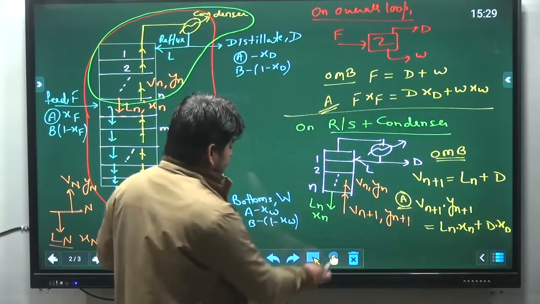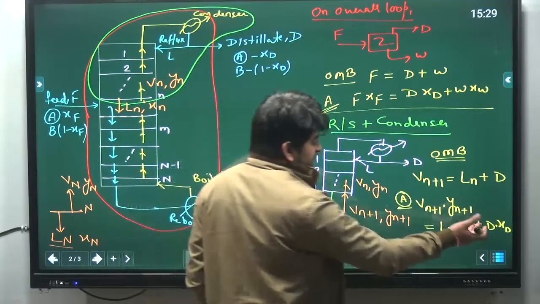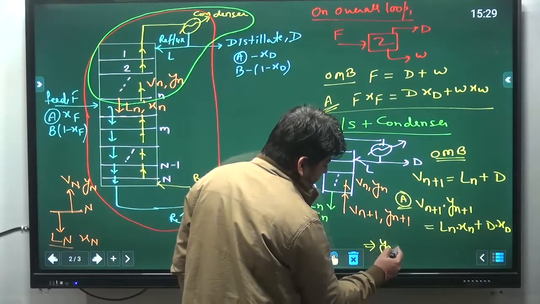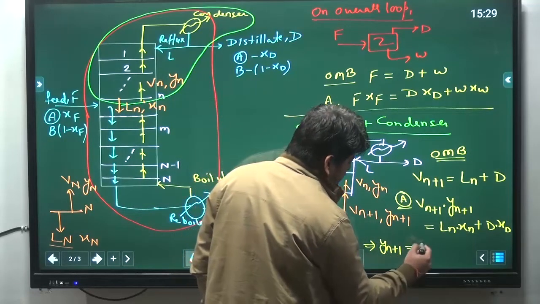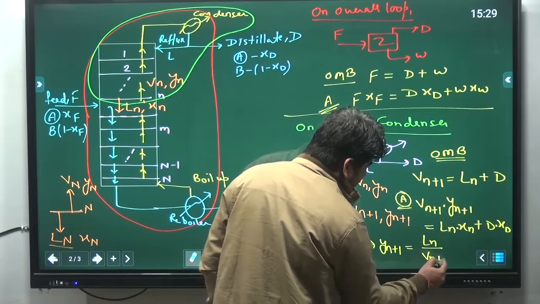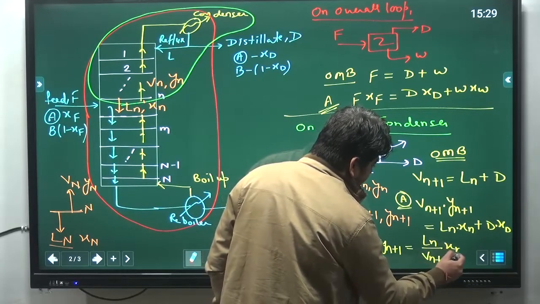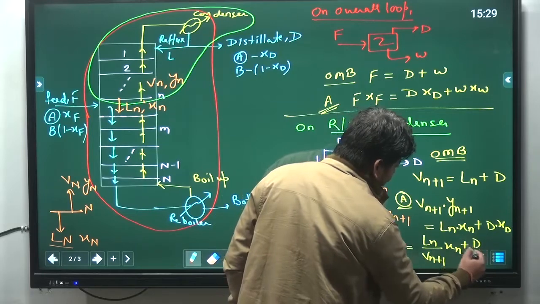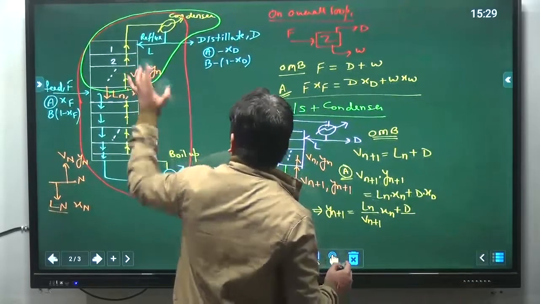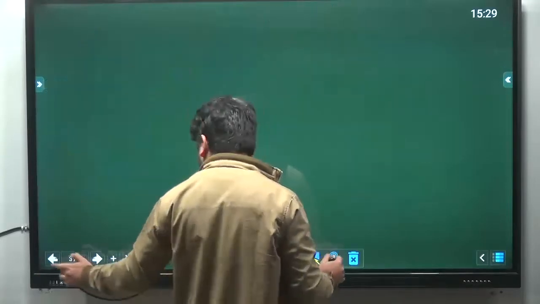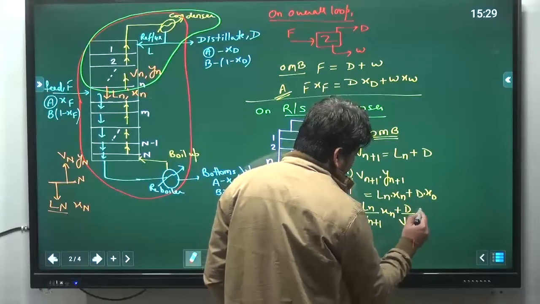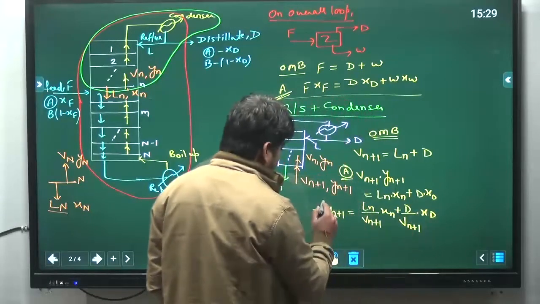And if you try to generalize and rewrite this expression, you can write it as Yn+1 equals Ln over Vn+1 times Xn plus D over Vn+1 times XD.